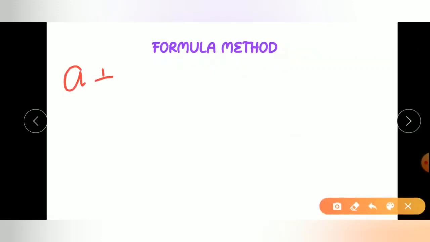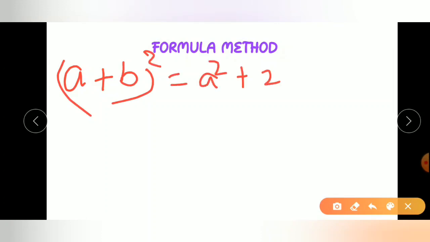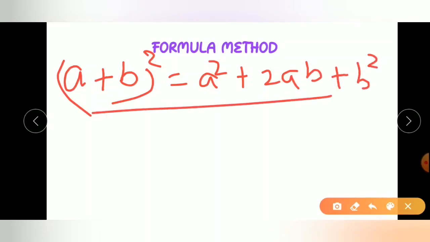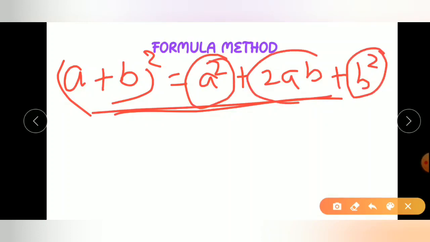We are very well aware of the basic formula, which is (a plus b) whole square equals a square plus 2ab plus b square. By using this formula, we reduce some steps and it can be done in a very quick manner. One part is a square, the second part is b square, and 2ab.